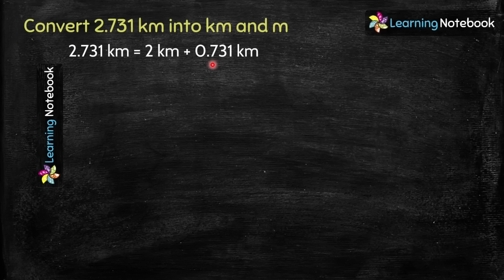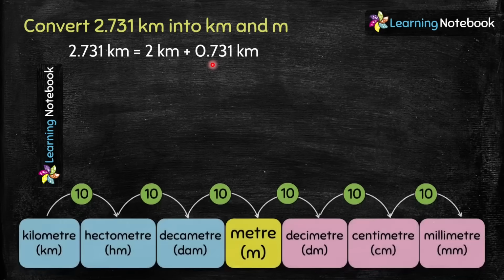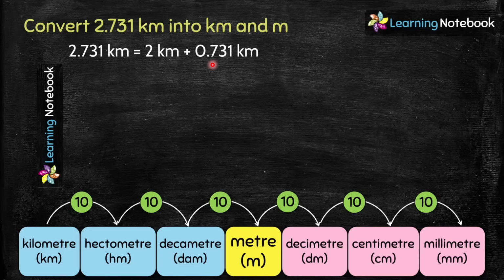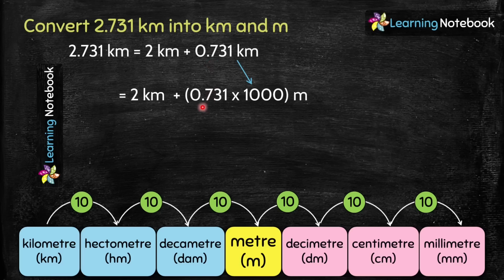We know 1 kilometer equal to 1000 meter. So let's multiply this value by 1000 and we get 0.731 multiplied by 1000, which is equal to 731 meters.